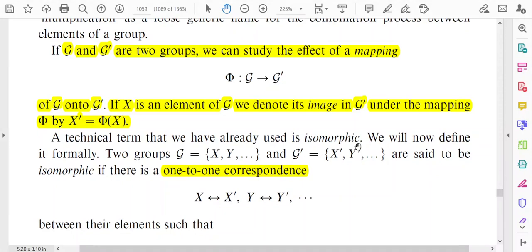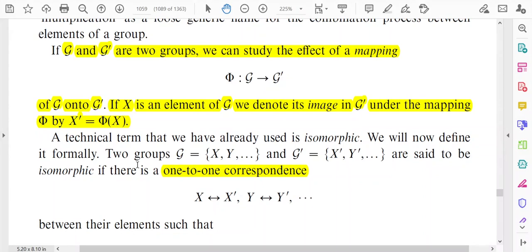Now we will define it formally, so in this lecture we give the formal definition of isomorphic groups.